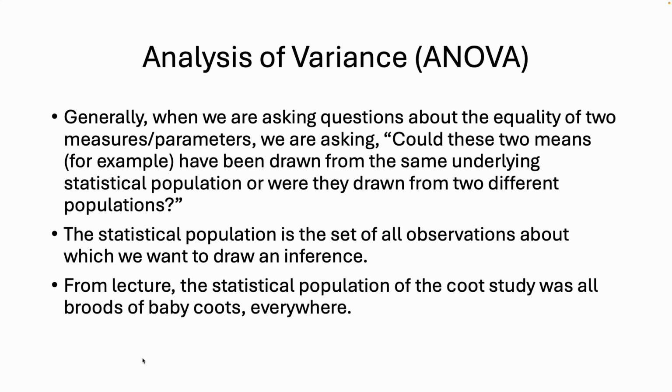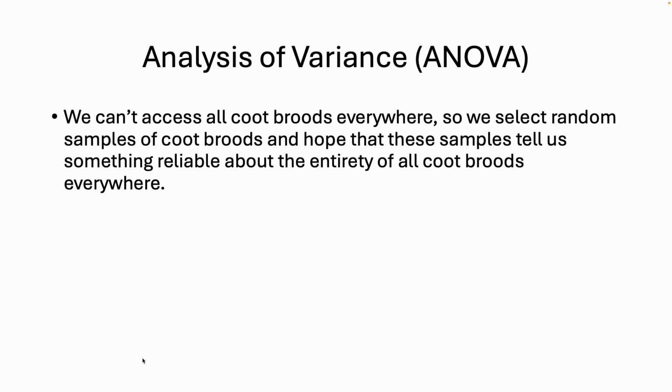Go back to think about lecture. When the coot study people were doing their study, their population of interest, their statistical population, was all broods of baby coots everywhere. Now clearly you can't access all coot broods everywhere, so the researchers selected a random sample of coot broods, and they hope that those samples tell us something reliable about the entirety of all coot broods everywhere.